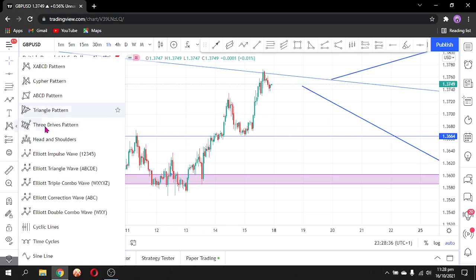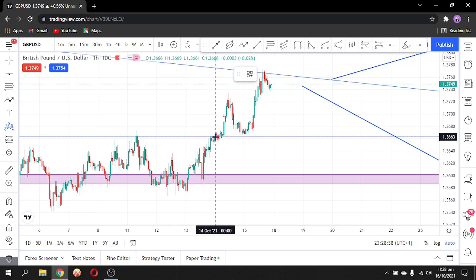If this pattern should form, then it means that GBPUSD will push further down.